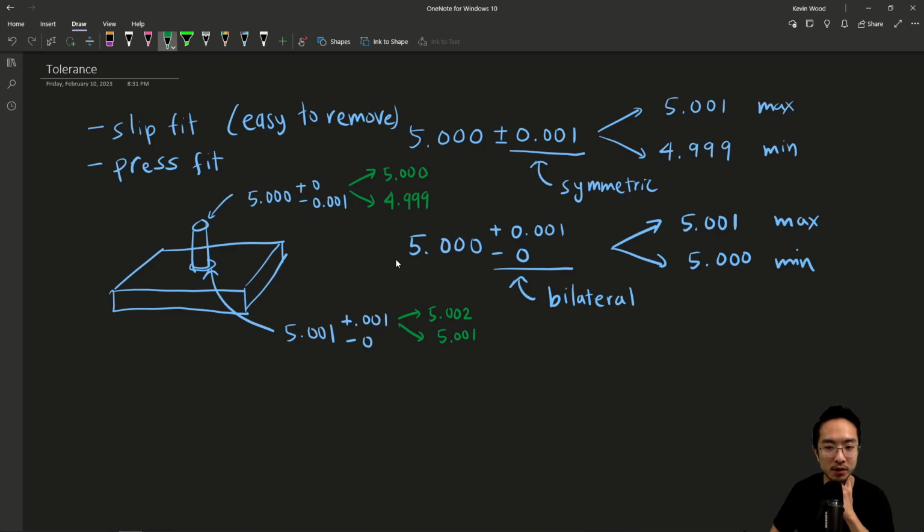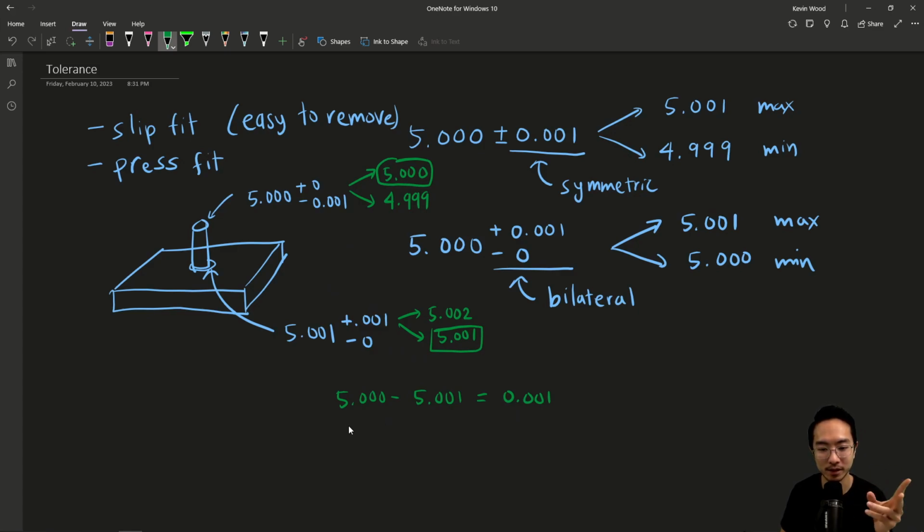So you could see the worst case if, for example, we hit the maximum here, and then we hit a lower limit here, then our worst case fit is gonna be 5.001 minus 5.000, which is gonna be 0.001. So this is gonna be our smallest gap that we could possibly get if we were to use this sort of tolerancing for a slip fit.